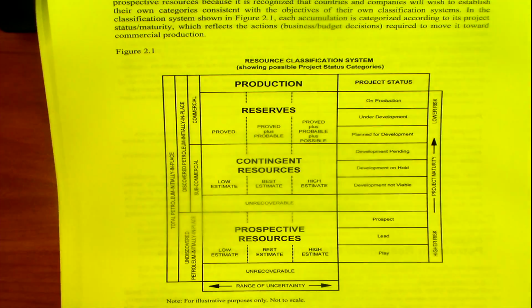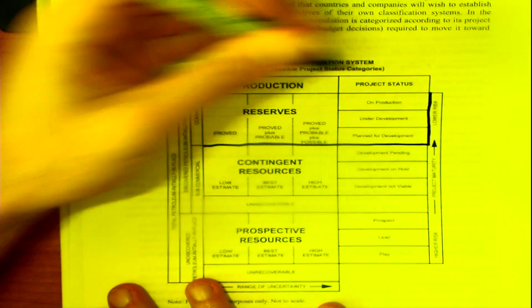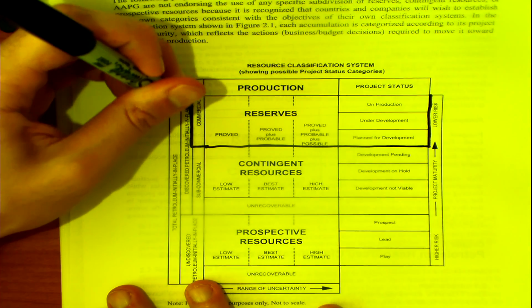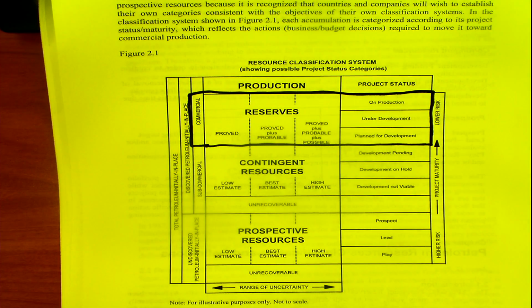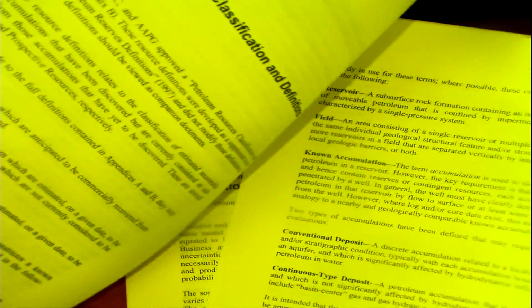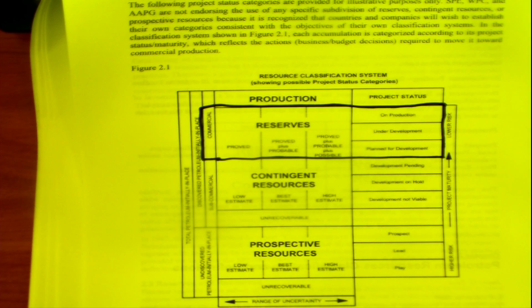So what we're looking at is up here. Whatever is defined as reserves. Reserves being defined as, gosh, I'm forgetting right now. Nomenclature. There we go. Reserves are commercializable petroleum products.